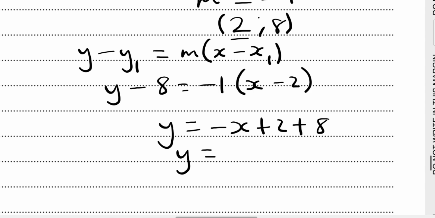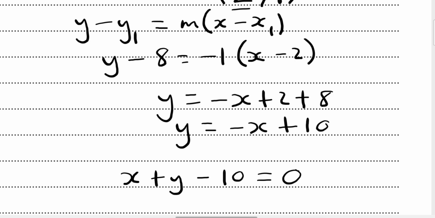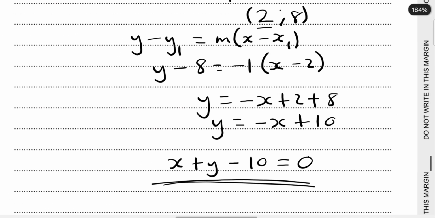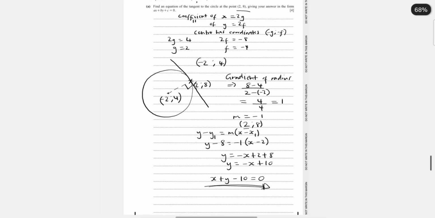Therefore y will be equal to minus x plus 10. And taking everything to the left hand side, we get x plus y minus 10 equal to 0, right? And this will be our final answer in the required form, ax plus by plus c equal to 0. Then you get your 4 marks right there.